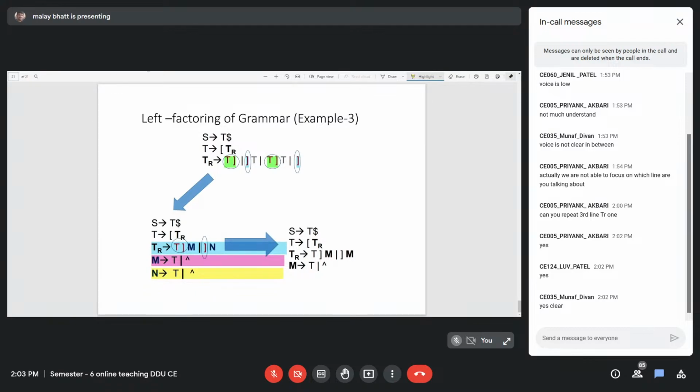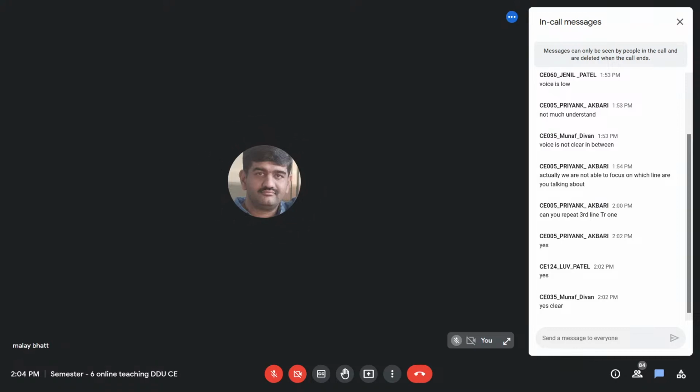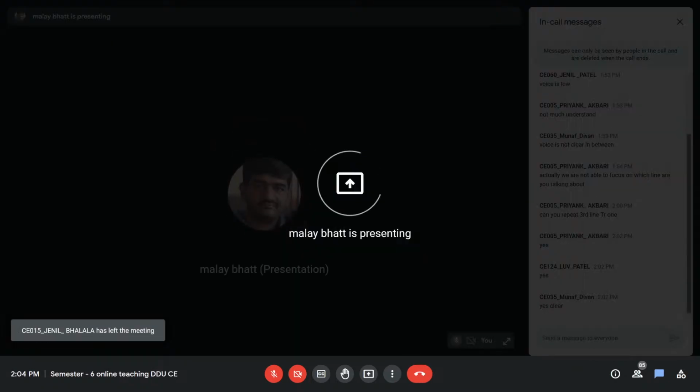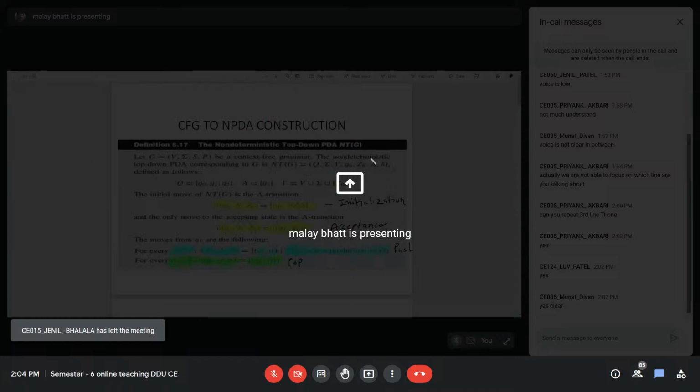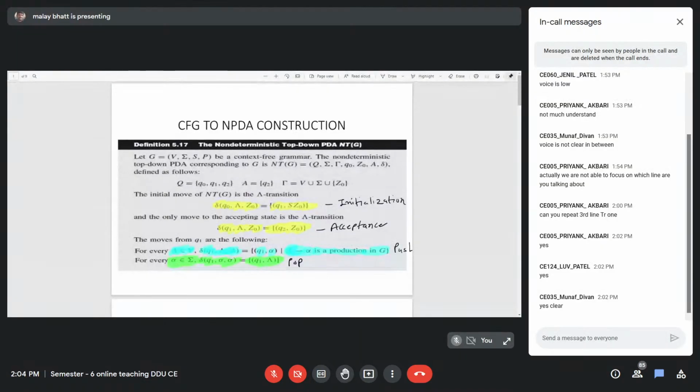Okay, so I am sharing another slide with you now. Those who have missed the train, this is another option to understand the thing. So far we have generated a non-deterministic PDA by using analysis.